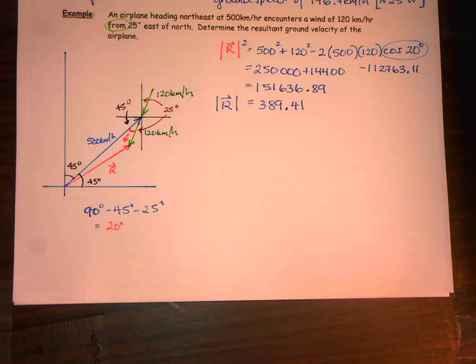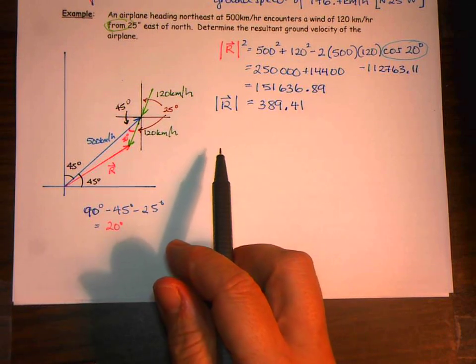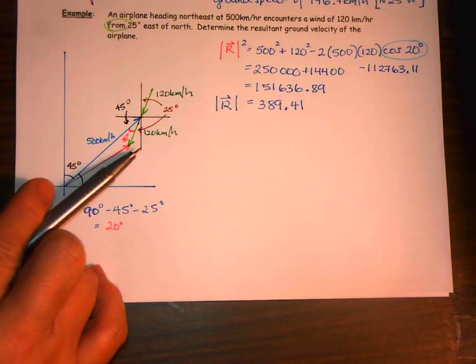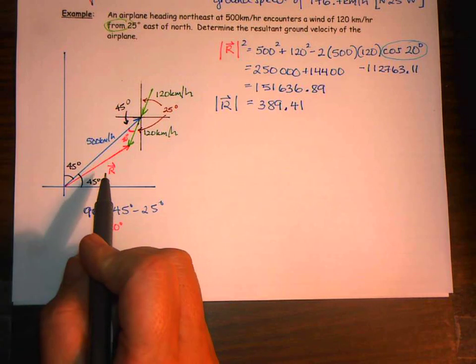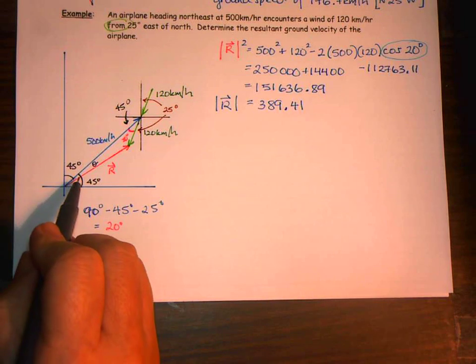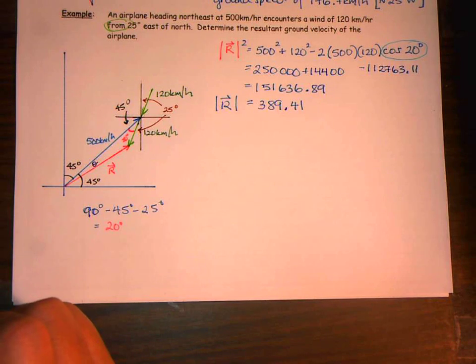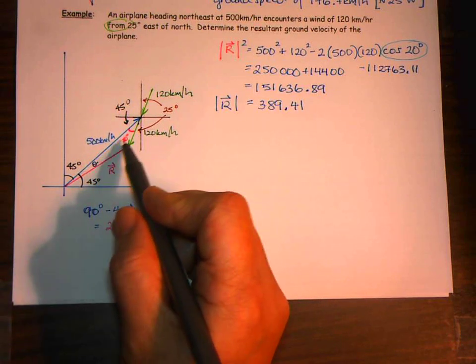However, a vector has direction as well as magnitude, so now we need to find the direction at which the plane is flying. And in order to do that, if I could find this angle here, angle theta, then I could add that to the 45 degrees to come up with the direction. So in order to do that, I'm going to use the sine law. I have an angle unknown, a side that's known.